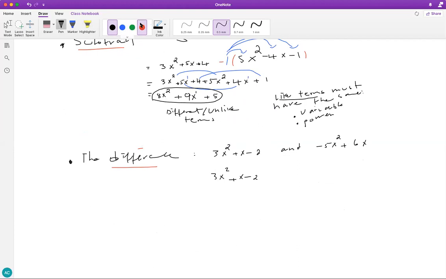Then, since it's a subtraction, again, it's important that you put a minus sign and some parentheses. What goes inside these parentheses, everyone? The 5x², right? That's right.